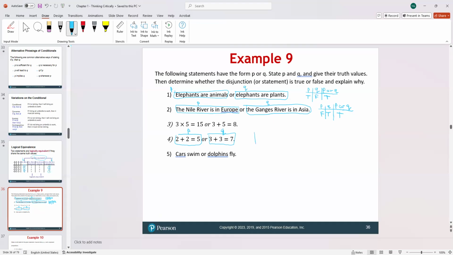So here, if we have P and Q, let's see. 2 plus 2, is it equal to 5? True or false? No, it's false. 3 plus 3, is it equal to 7? False. So what happens when you have two false propositions for a disjunction?